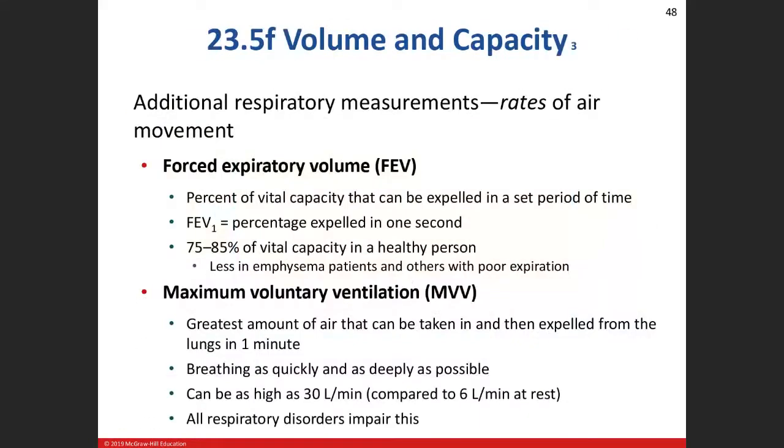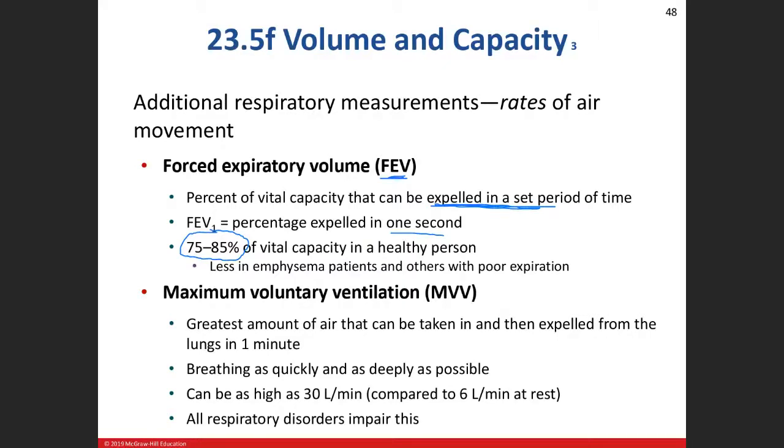All right, that brings me to forced expiratory volume, FEV, and there's two different ones. We'll talk about FEV1. FEV1 is based on the amount of air that you blow out in 1 second. Then there's FEV2, and that's the amount of air that you blow out in 2 seconds. But this basically is going to measure how much air you're able to blow out when you're asked to, on command, blow it out. So this number should float around 75 to 85%.